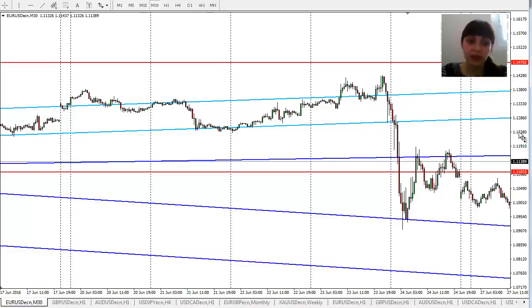And of course, as I was saying, it's going to influence all the other currencies. It was for the pound, for the UK, the referendum, and it did influence the other pairs. So let's have a look at what actually happened.